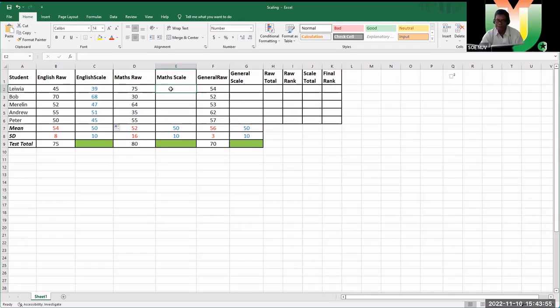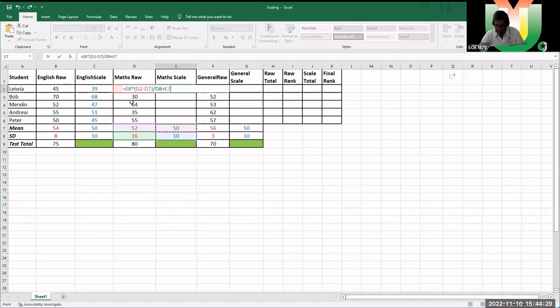Okay, so we start again with equal, then 10, multiply, open bracket, then we have the student score, which is 75, minus average, which is 52, close bracket, then divide by 16, and plus 50. Okay, so this provides the scale score for mathematics.